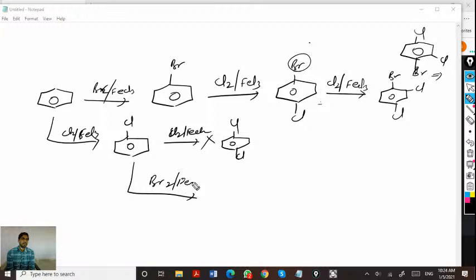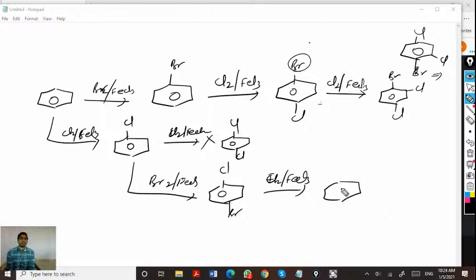Okay, so chloro and bromo. Now if I treat with chlorine, of course bromine will be the most directing. So ortho to this is going to be the product.